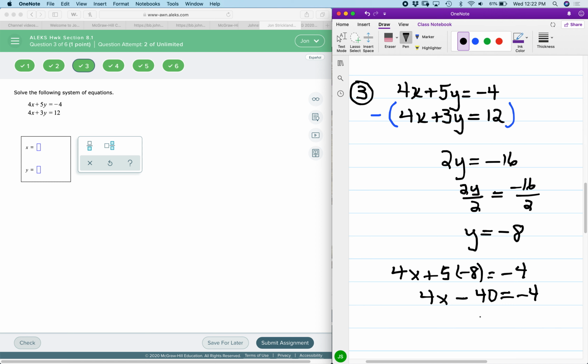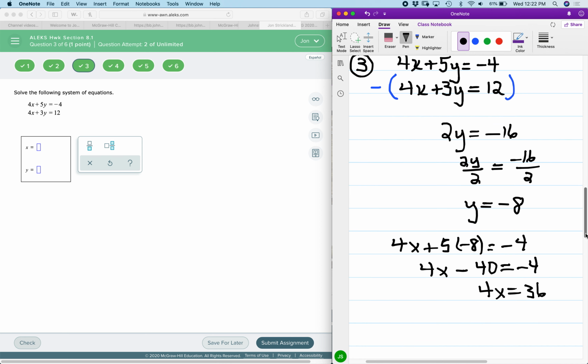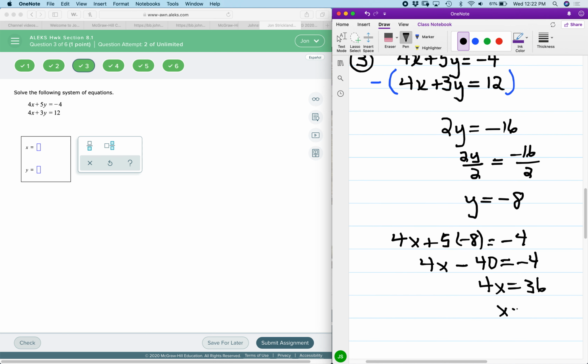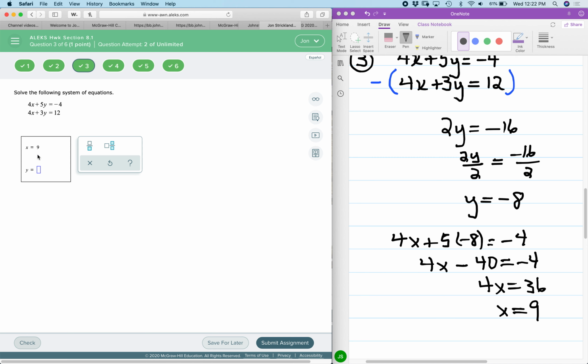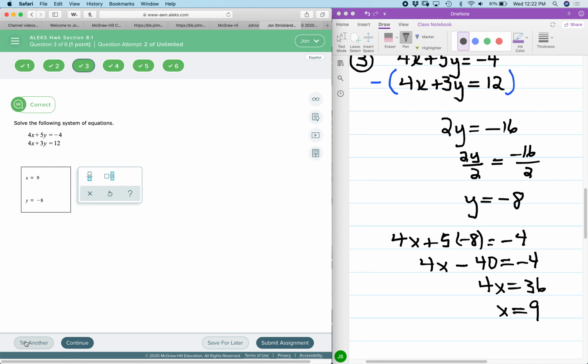If I add 40 to both ends, you have 4x is equal to 36, and with division by 4, x comes out to a positive 9. So x is at 9 and y is at negative 8, and checking out, the result is correct.